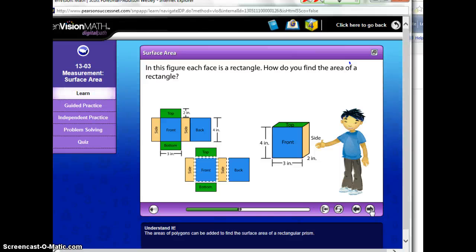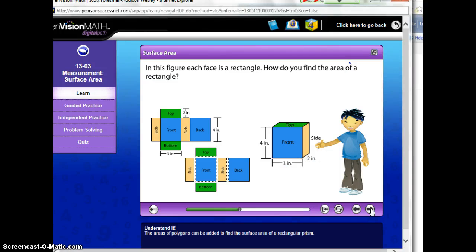You have 3 numbers to work with. You're going to use all of those numbers twice. You'll use the 4 twice, the 3 twice, and the 2 twice. Now what I do is if I use it once, I put a half of an X through it. If I use it twice, I put the other half of the X through it. That way I know, okay, I'm done with that number.